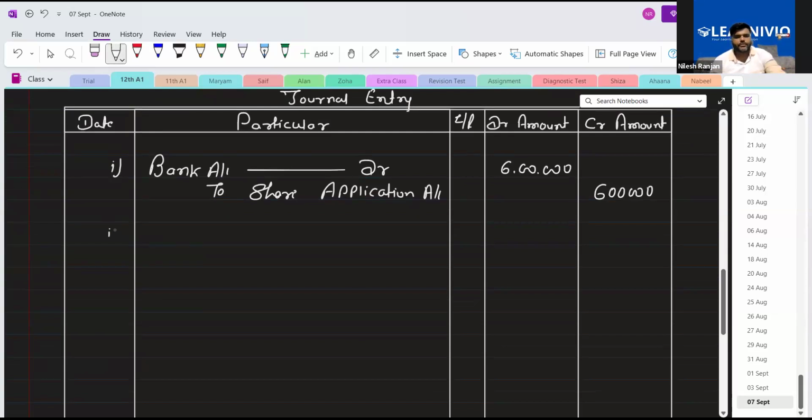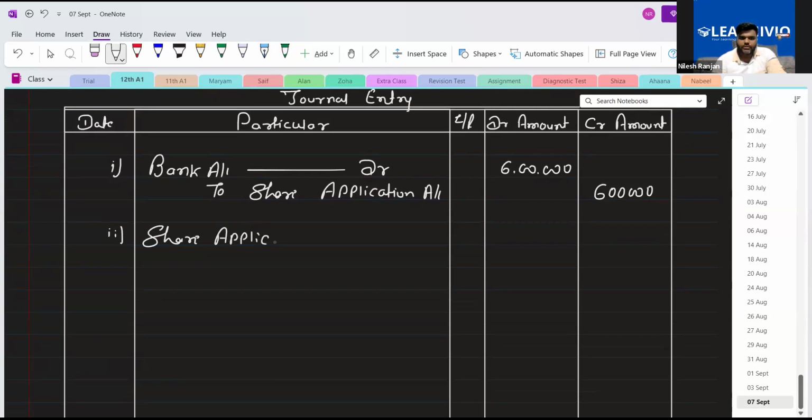Then the second entry for application, it will be share application account debit to share capital account. So in the first entry, we have received the application money. Now we are transferring it to share capital. So to share capital account, again 6 lakh.